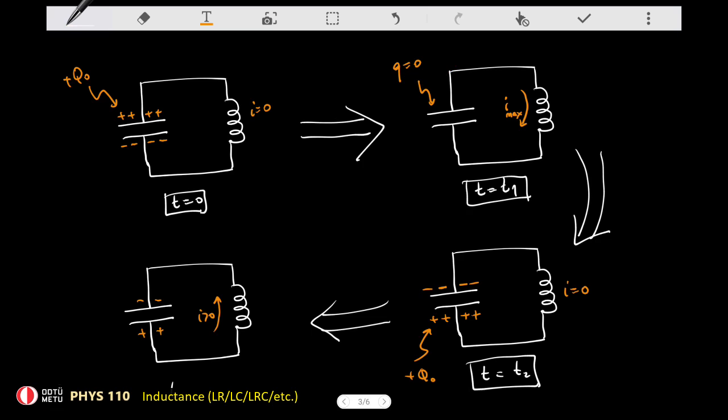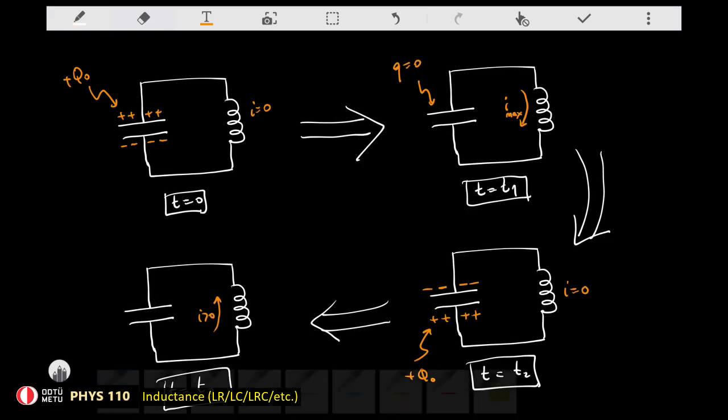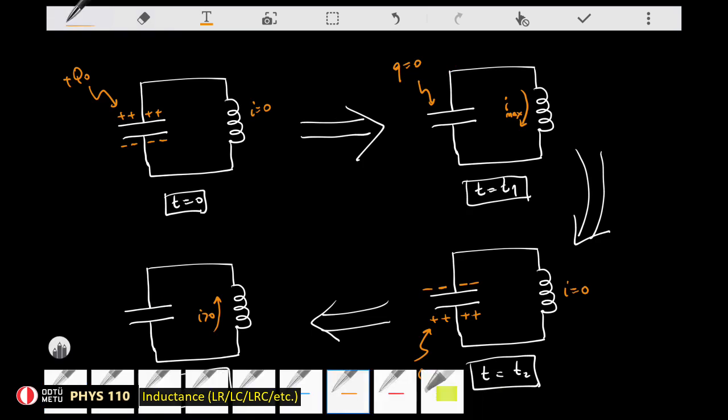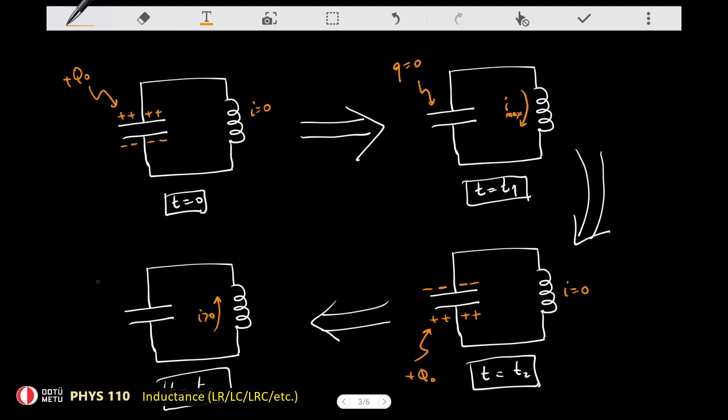Let's say that this happens at t equals t3. When the charge becomes zero, let me also erase this. This is a situation where the charge on the plates is again zero once more. The charge on the upper plate, lower plate, doesn't matter.